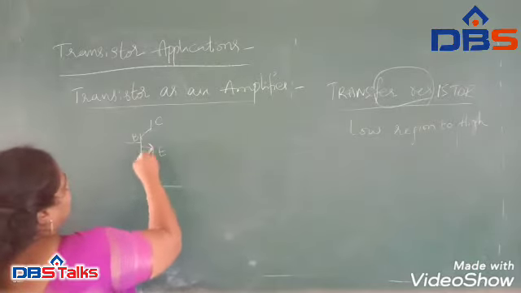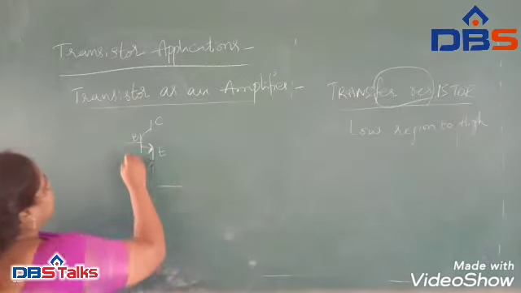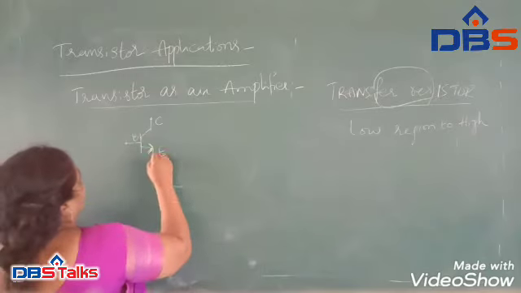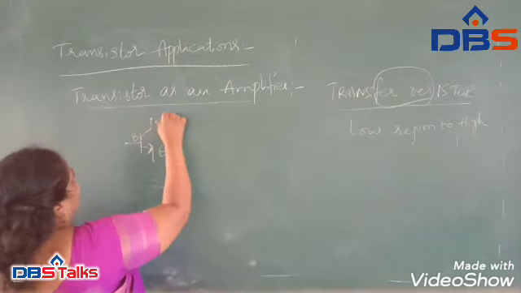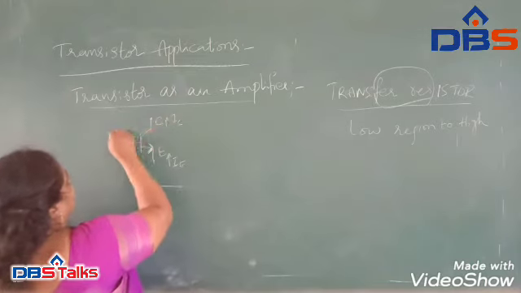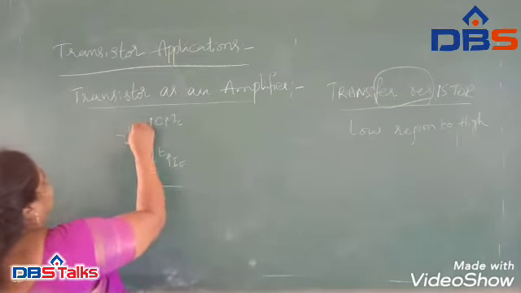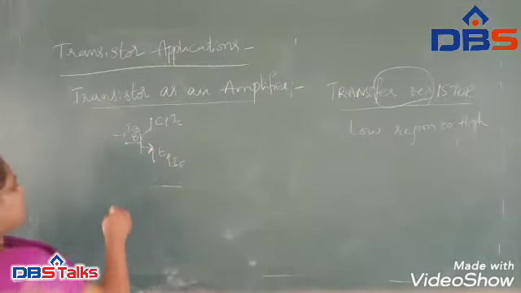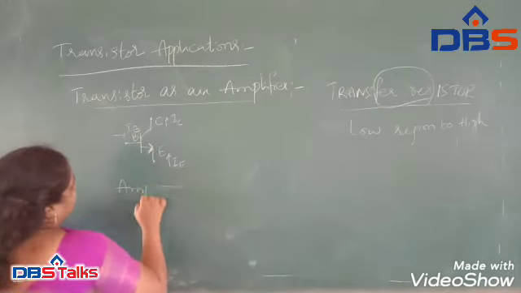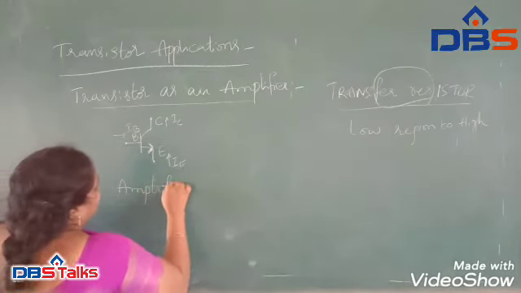Here, this arrow mark shows the current direction. It has the emitter current IE and the collector current IC. This is the base current. We can see here the amplification factor. What is the amplification factor?